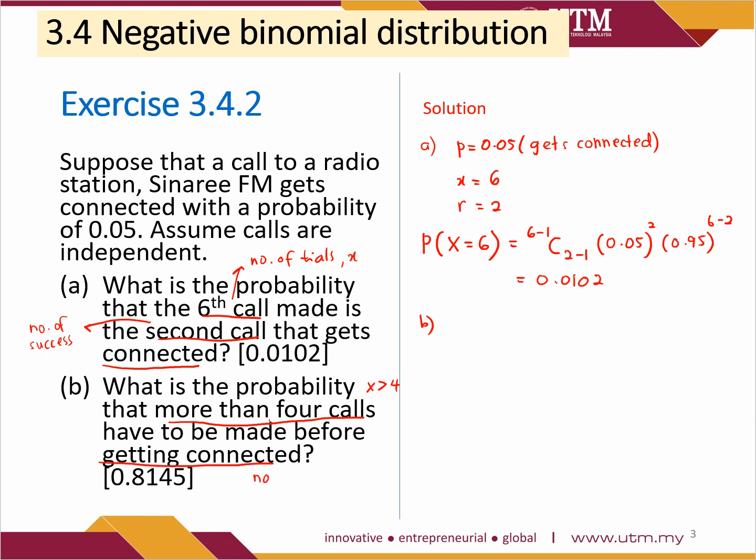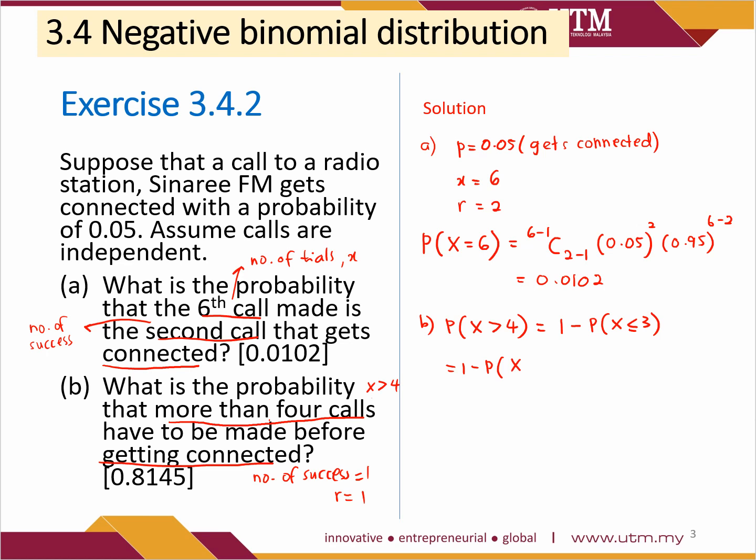So we need to find the probability that X is greater than 4 given R equals 1. We are not sure how many calls more than 4, so we can find this probability by taking 1 minus the probability that X is less than or equal to 3.